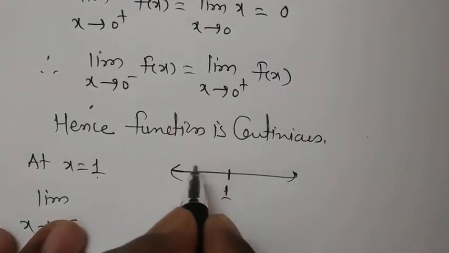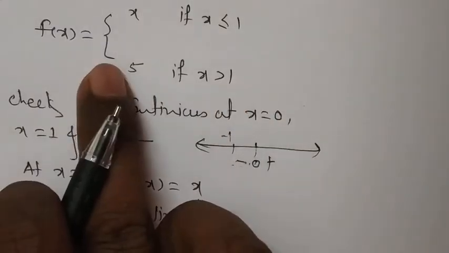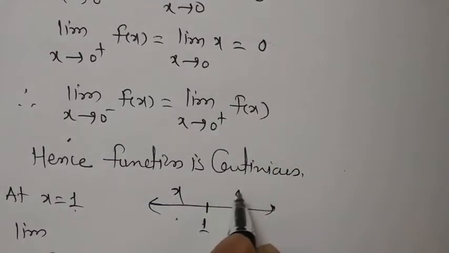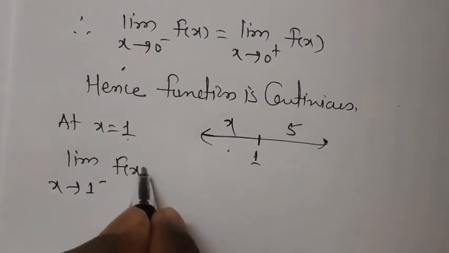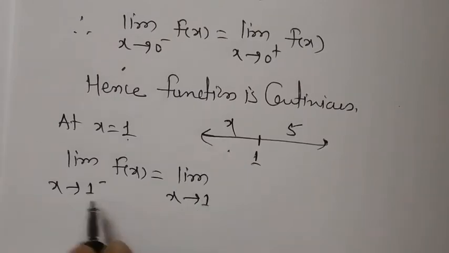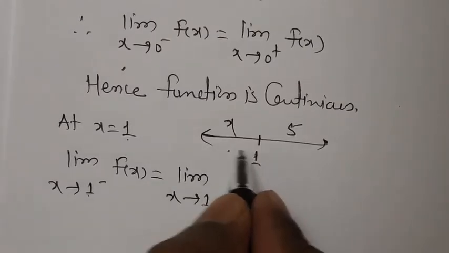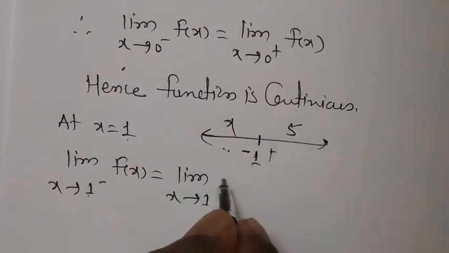And for the right side, x is greater than 1, the answer is 5. Then limit x tends to 1 minus of f of x is simply x.